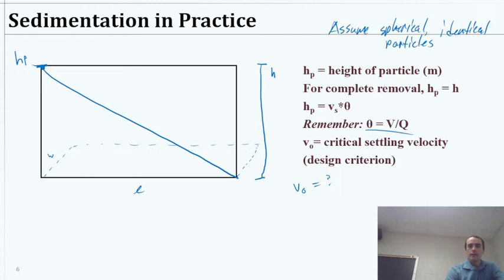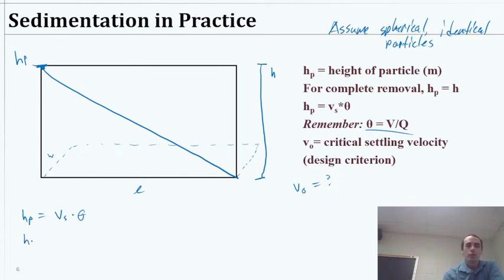Okay, so let's take a moment to derive that then. If we're saying the height that the particle needs to fall in the right amount of time is the settling velocity times the amount of time the water is in there. The water's in there for some amount of time. That's kind of the obvious question: is it going to hit the bottom yet?